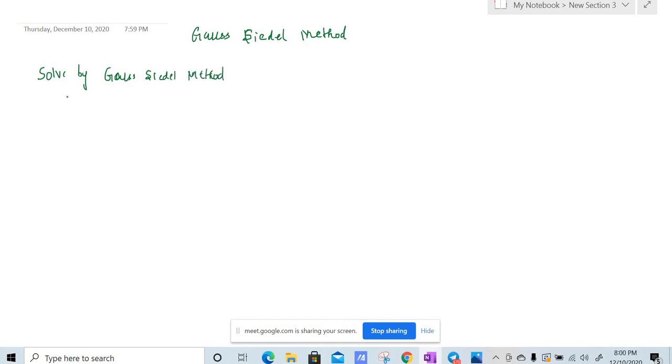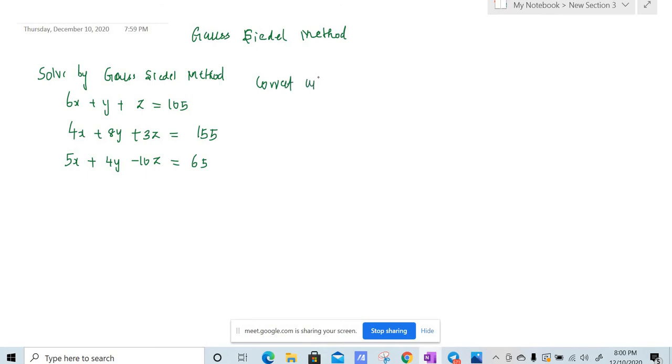Question is 6x plus y plus z is equal to 105. 4x plus 8y plus 3z is equal to 155, and 5x plus 4y minus 10z is equal to 65. Correct up to 2 decimal places.